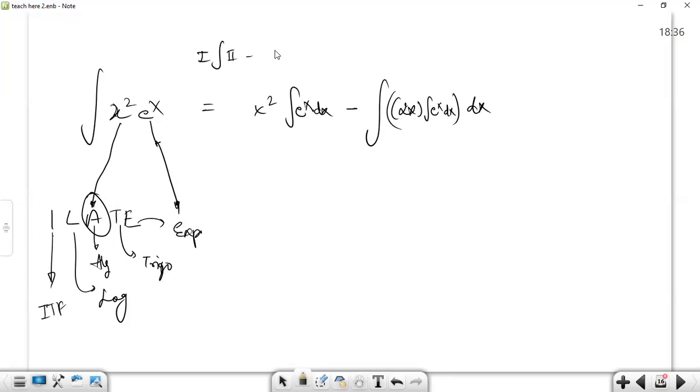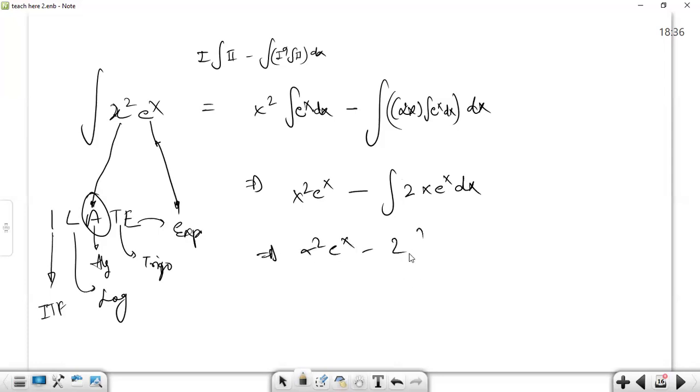Using this formula. So now integration of e raised to power x is simply e raised to power x, no change. So x square e raised to power x minus 2 times the integration of x e raised to power x dx.